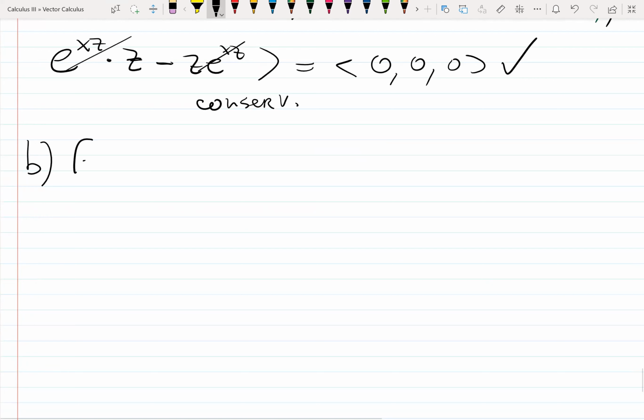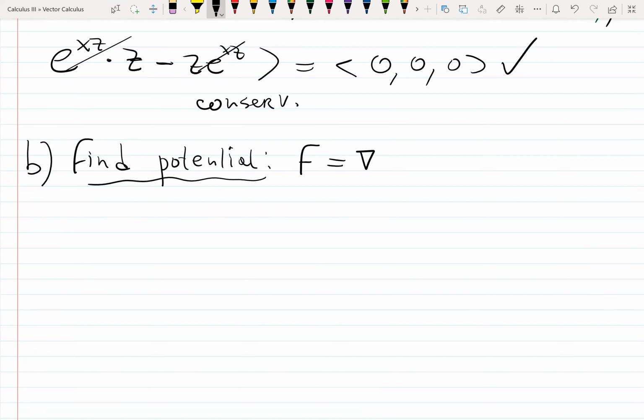Now find the potential function. It's already on the exam. Definitely, we want to check that you remember that again. F is given. We want to find a small f, which gave you capital F after differentiation with respect to x, y, and z. So with respect to x, you have YZ e to the XZ.